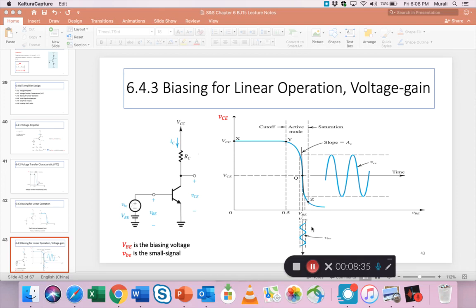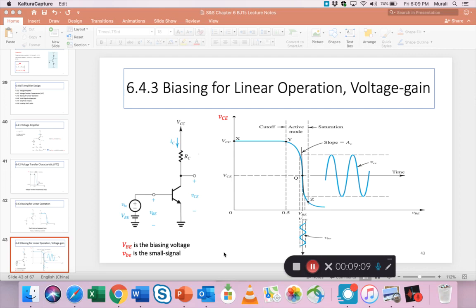And from the drawing to the right side, you see that if the signal is shown here as disturbing the x-axis, around the Q point, a certain value of the signal, a small signal, is going out around the Q point, then a much bigger output voltage is seen around the VCE, around the Q point on the y-axis, which means the VCE is shifting up and down.